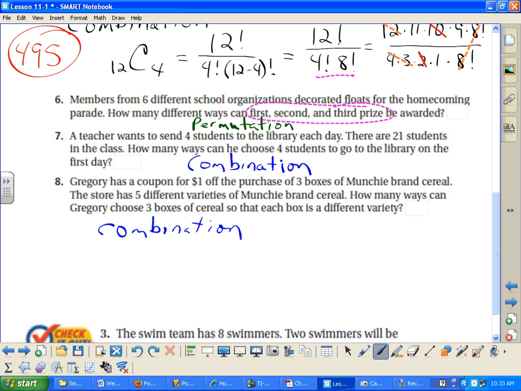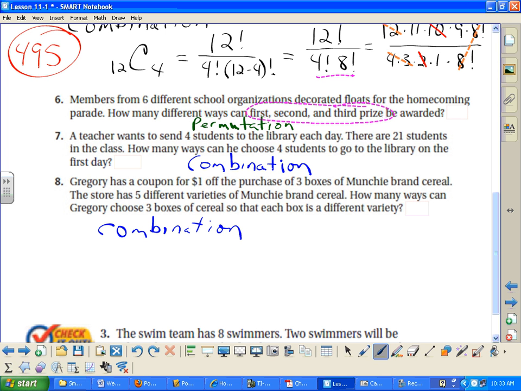The store has 5 different varieties of cereal. And how many ways can Gregory choose 3 boxes of cereal? So each box is a different variety, because variety doesn't necessarily need to be in order, just three different boxes. You're just choosing 3 different ones out of the 5 different ones.